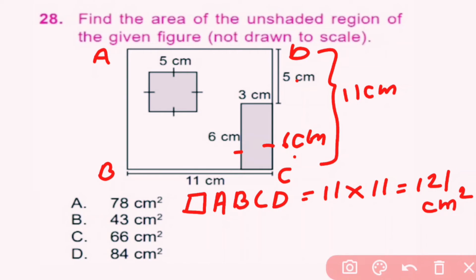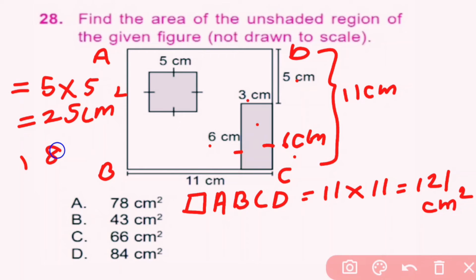Now we find the area of the shaded figure. This figure has all sides the same, so the area of this square is 5 times 5, which means 25 square centimeters, and the area of this figure is 6 times 3, which means 18 square centimeters. The area of the two shaded figures is equal to 25 plus 18, which is 43 square centimeters.